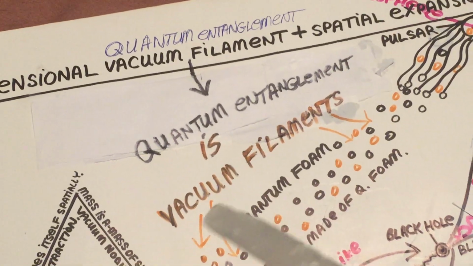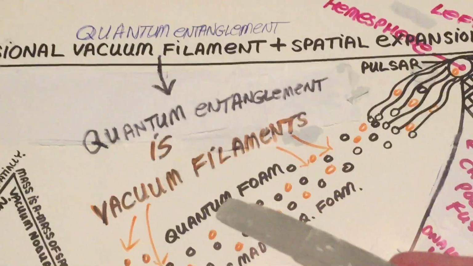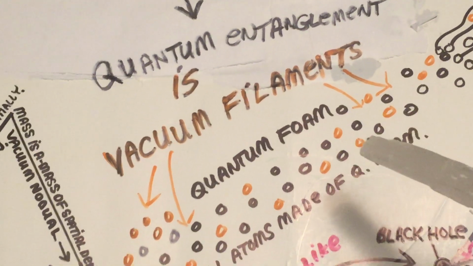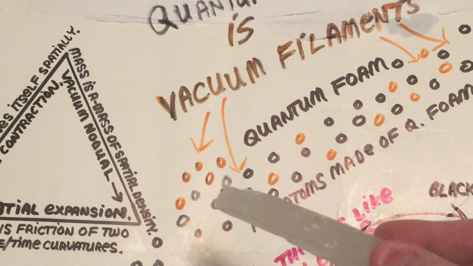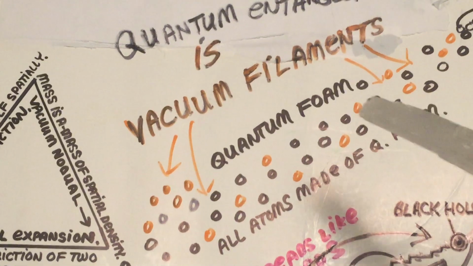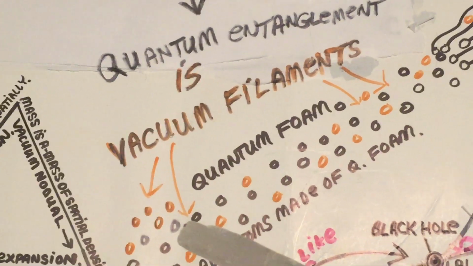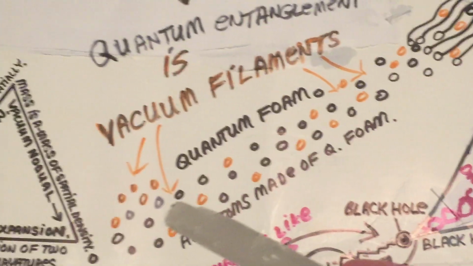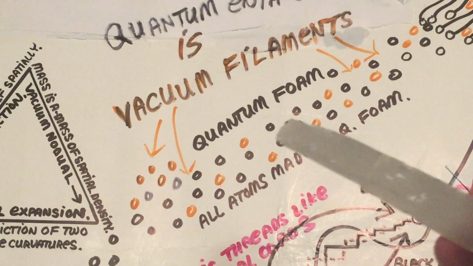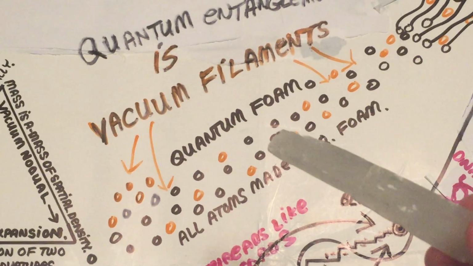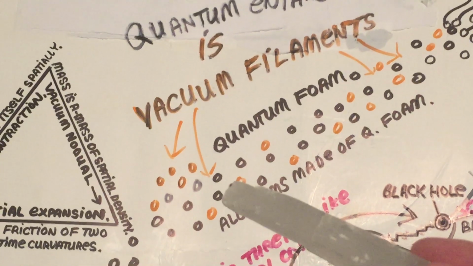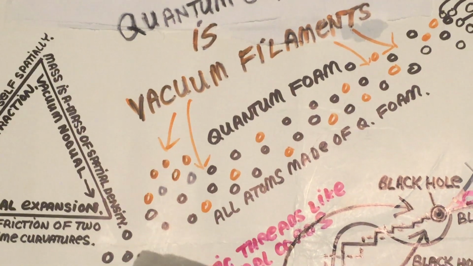Quantum entanglement is actually vacuum filaments. So here the vacuum filaments are represented as these little yellow dots, or any of these dots here, and through the process the vacuum filaments are like vacuum moments of zero point, where the particle wave becomes stationary in non-movement for a limited time.